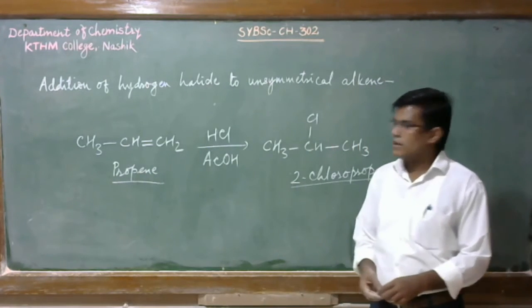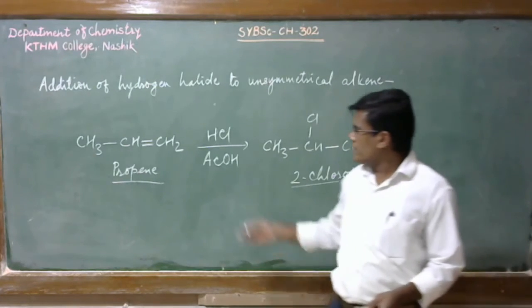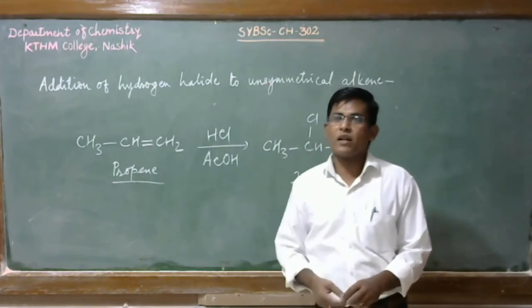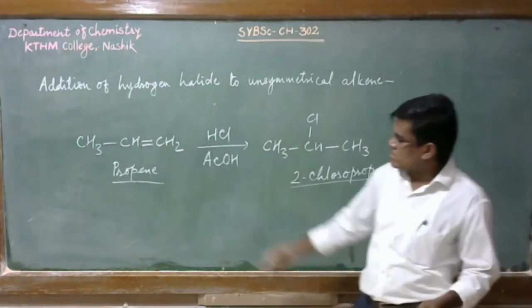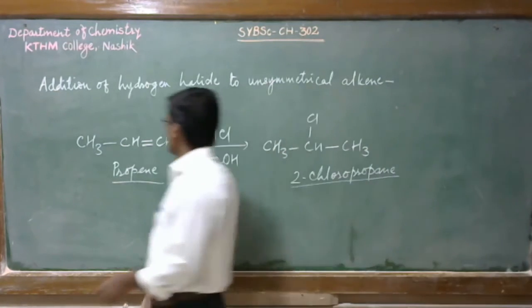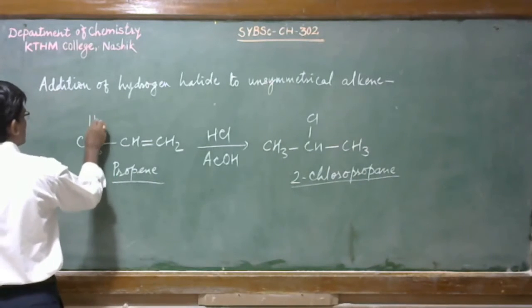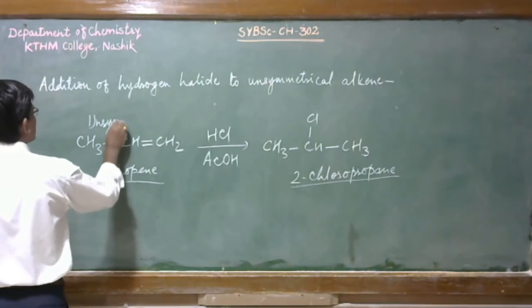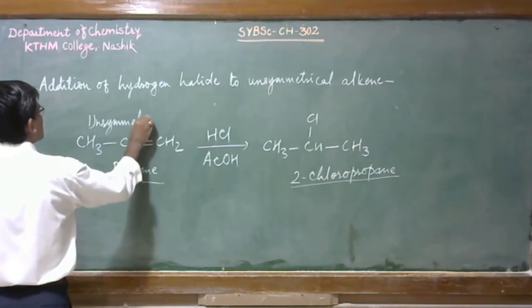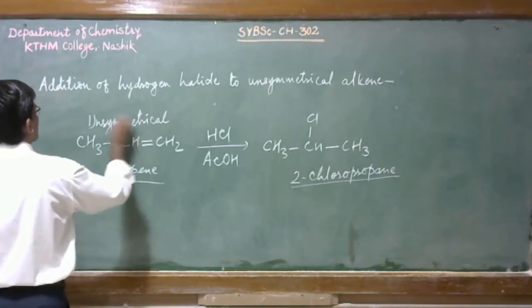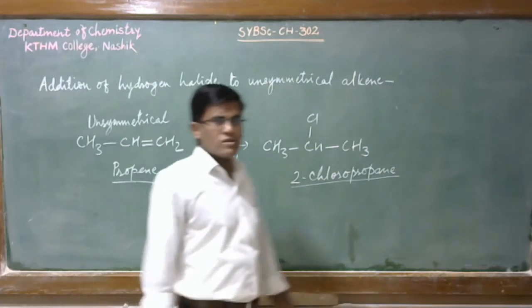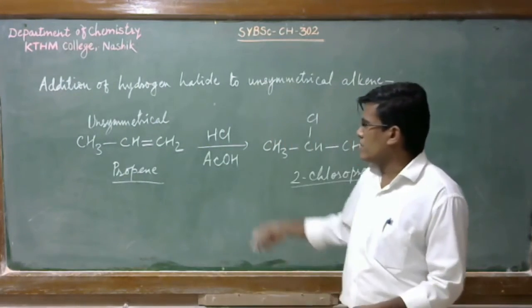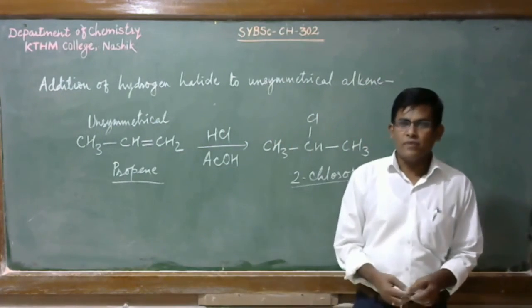So here, as we have seen before, hydrogen adds to one carbon and halide adds to the other carbon. This is the unsymmetrical alkene, and it follows some rules.